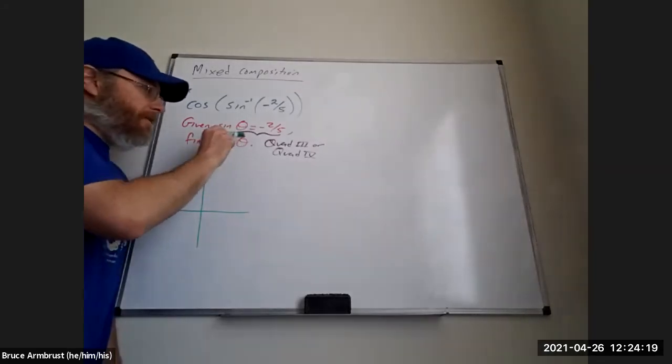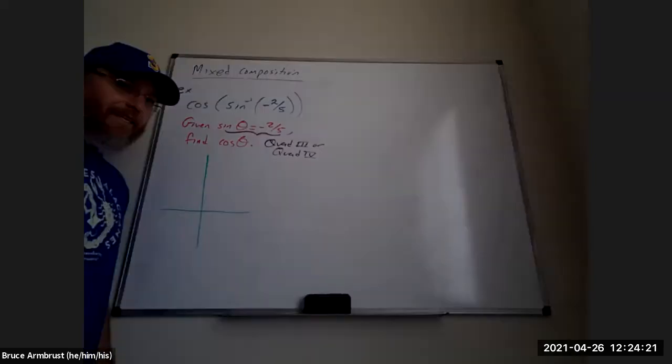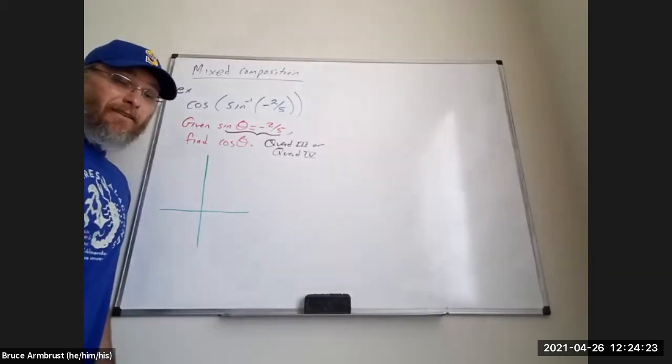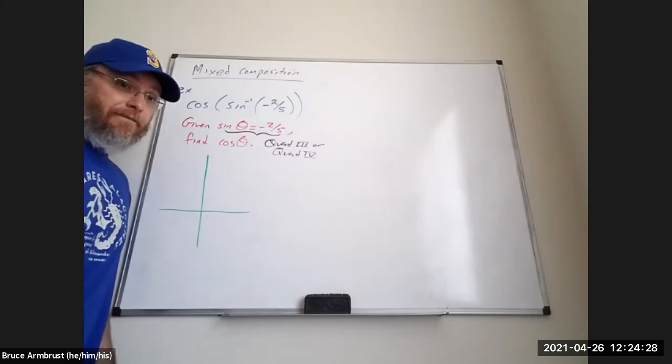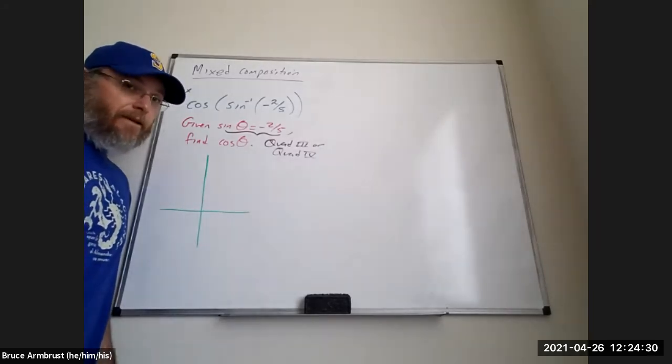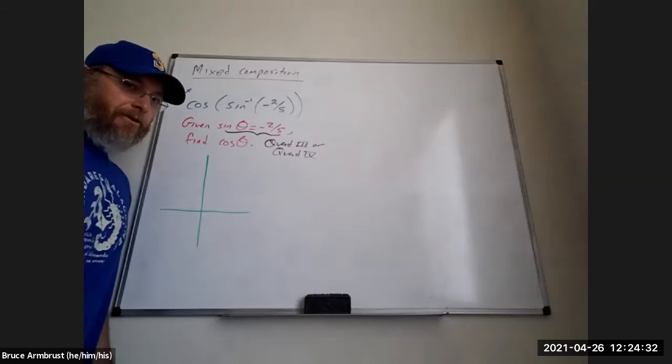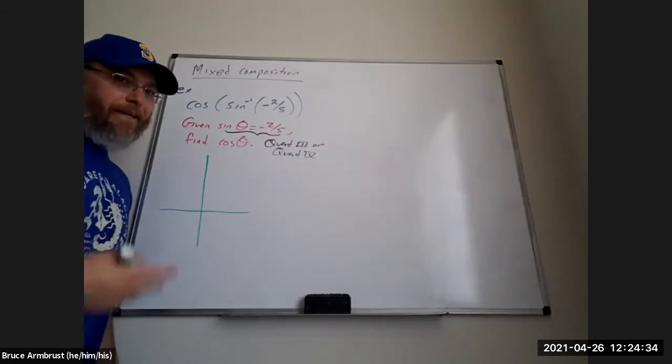So just knowing that the sine is equal to -2/5 isn't actually going to be enough for us, because I still don't know if cosine is positive or negative. Okay, so now you're starting to see why we got to pay attention with the negatives.